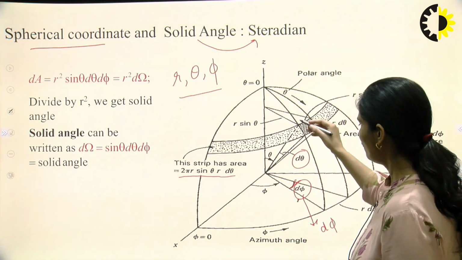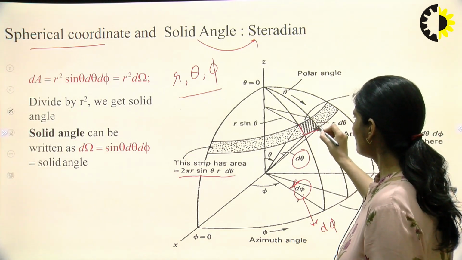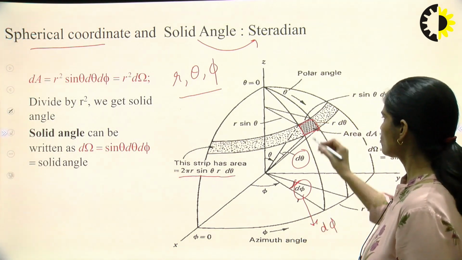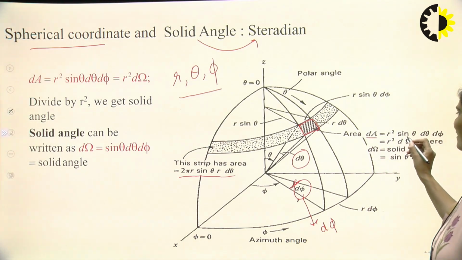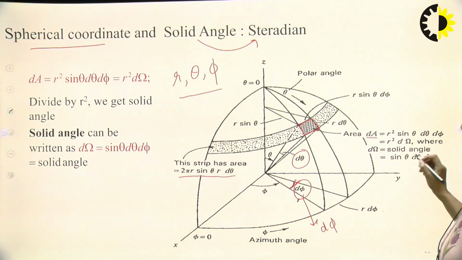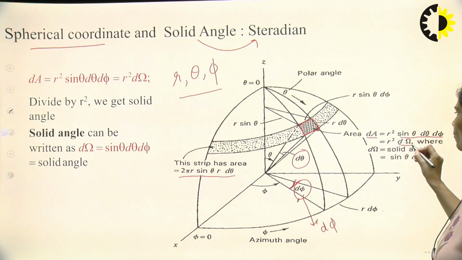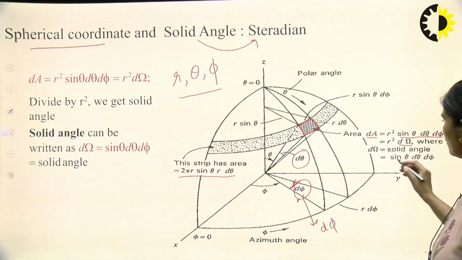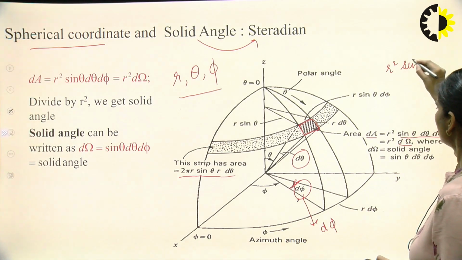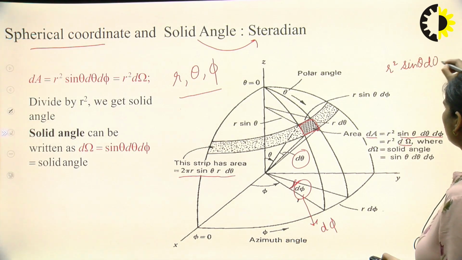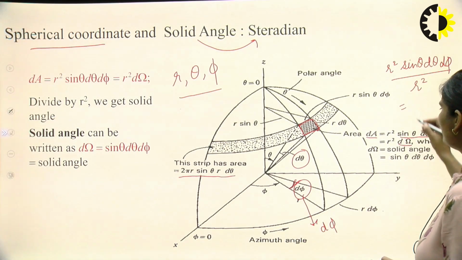Now when you are drawing this angle, this area, you have to consider this part of the strip. So the area dA is equal to r square sine theta d theta d phi. And what is this? This is your d omega, the solid angle. Because if you have r square sine theta d theta d phi, divided by r square, then you will get the solid angle.